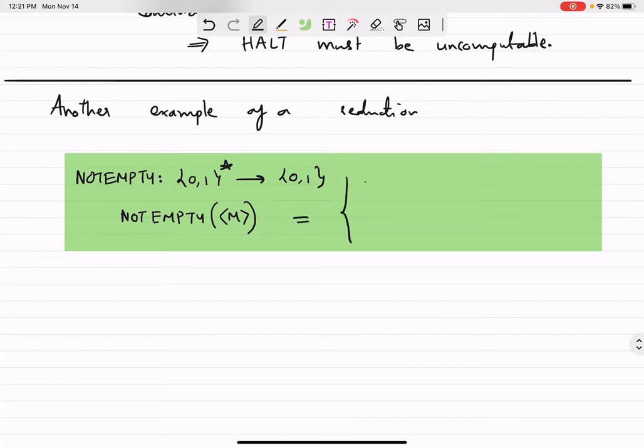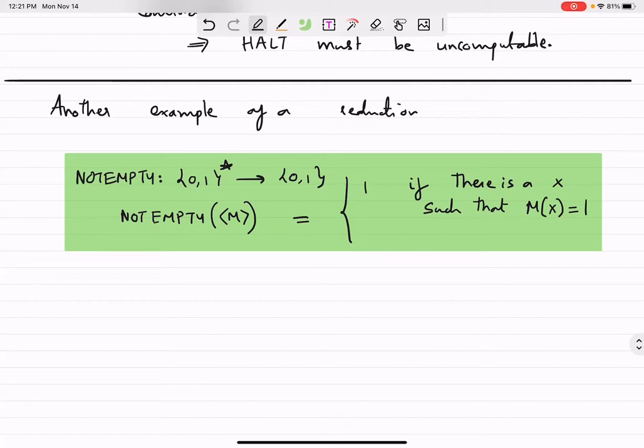It checks if there is some input which makes the program output 1. You give it some program. If there is something which could make it output 1, it has to say yes.